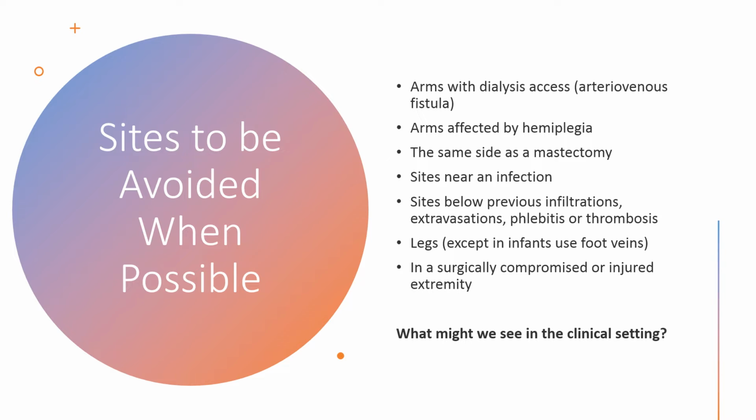And again, most times it's for a reason like this. But we as nurses need to be aware, looking at the history, looking at what's going on with the patient. Things can change as the patient is there. So the patient may not have had an infiltration earlier, but you notice one now. So again, we need to be aware of that when we're looking at different sites to insert these peripheral IVs.